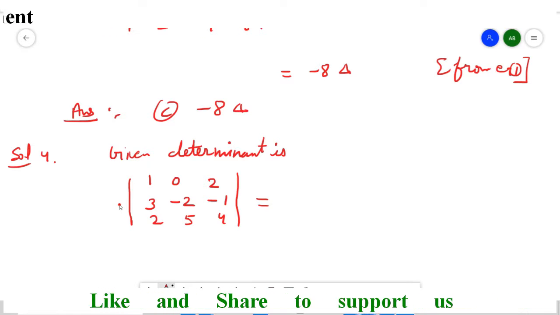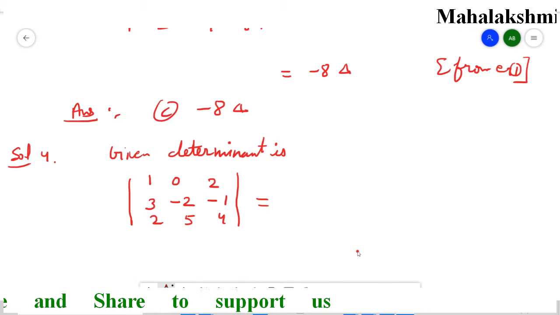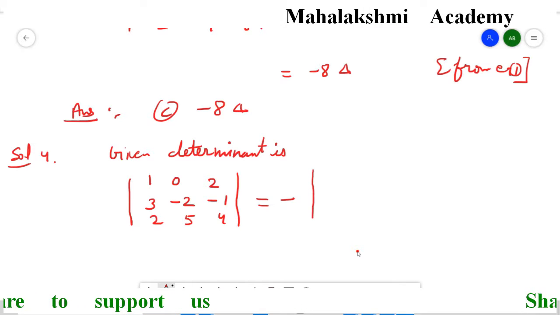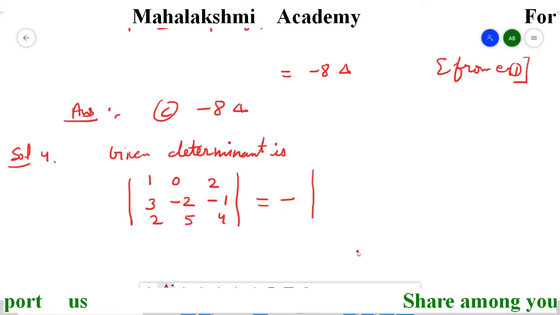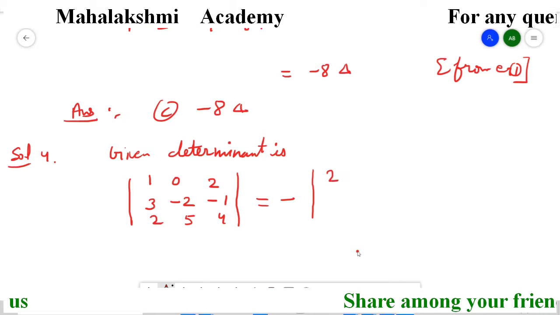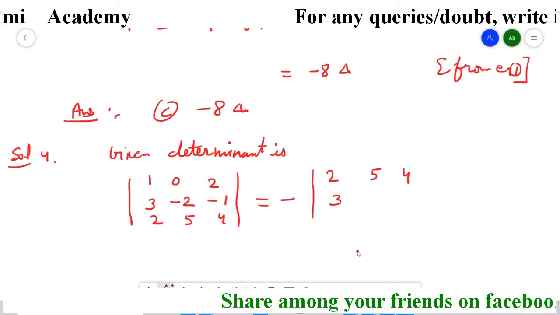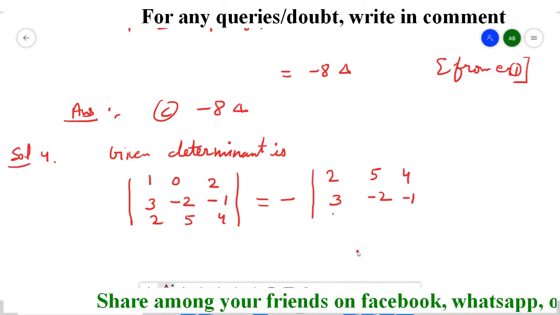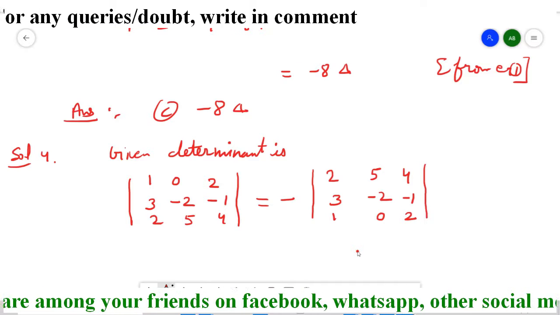Just now it is positive, so if I interchange the rows, the sign is going to be negative. I am interchanging the first row and third row. Interchanging means writing the third row at the first place, that is 2, 5, 4, then 3, minus 2, minus 1, and then writing the first row here. And what property had I used here?